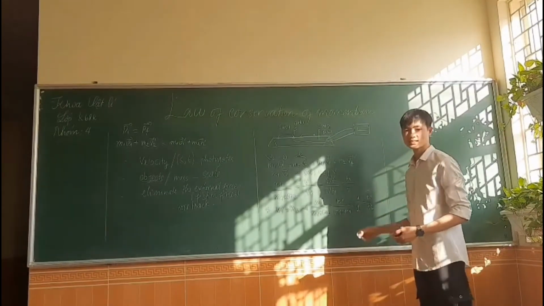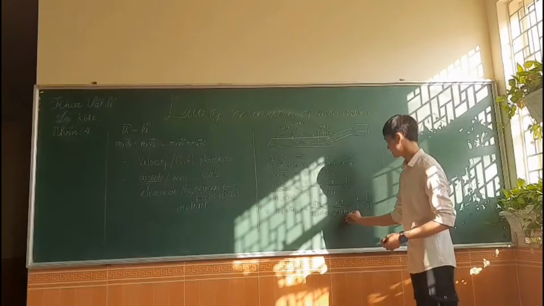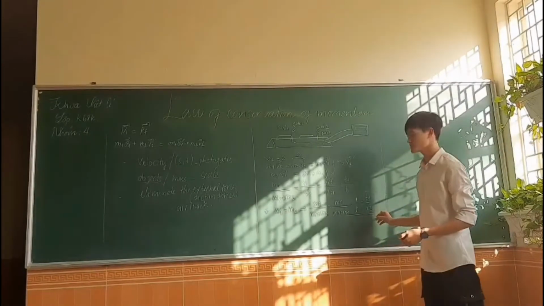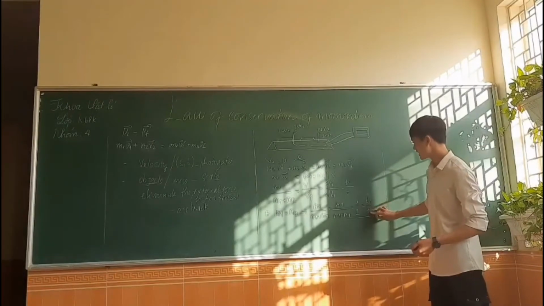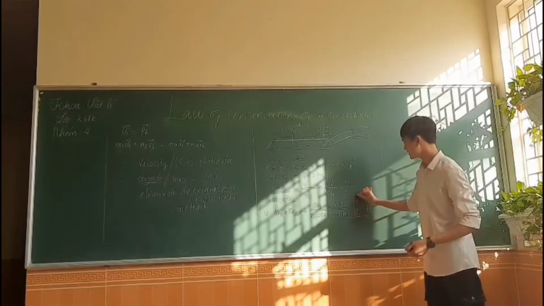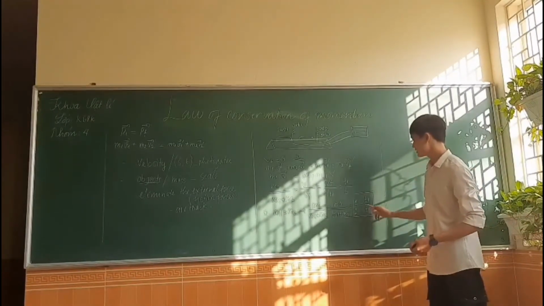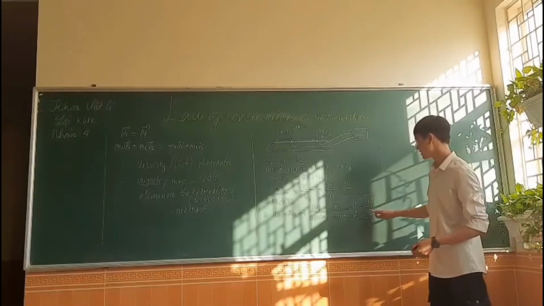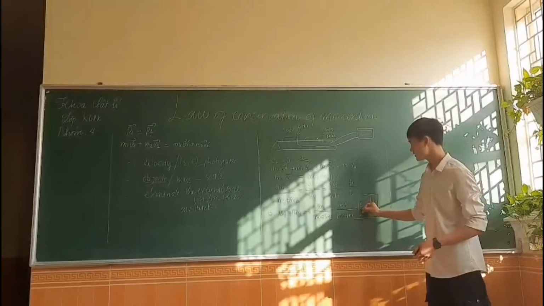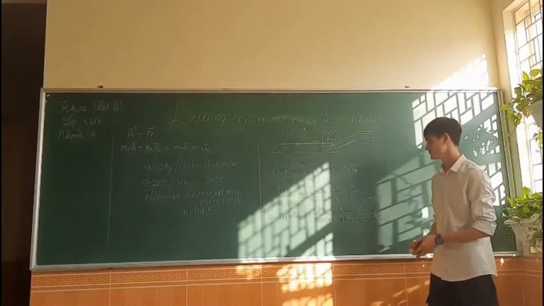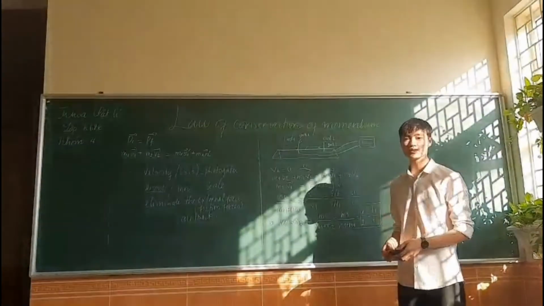To check this, we will do an experiment to find the time through photogate 1 over the time through photogate 2, which should equal 1 over 2.